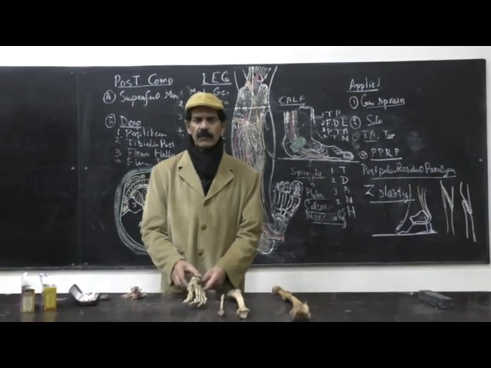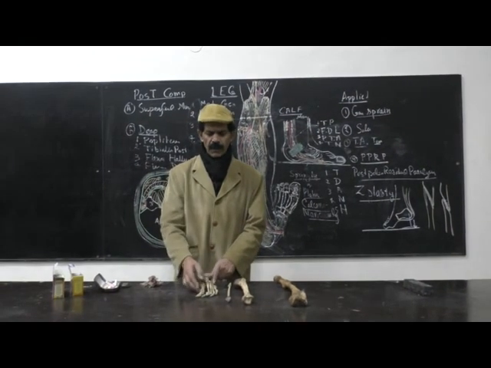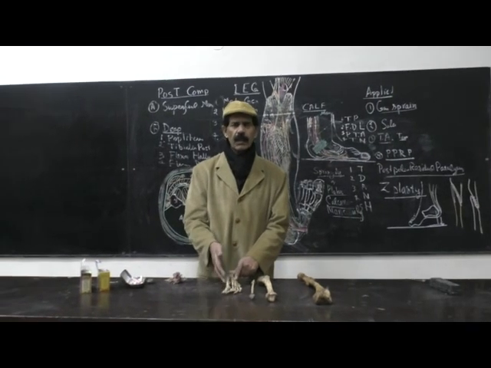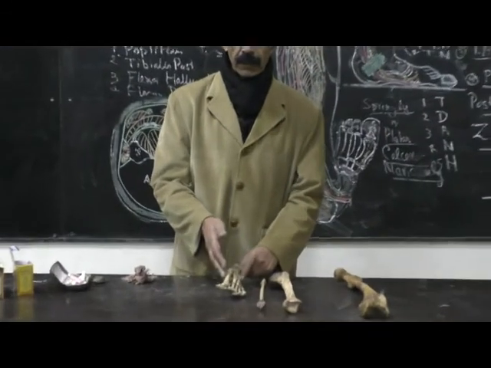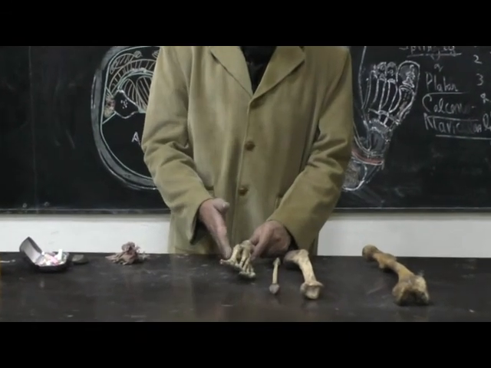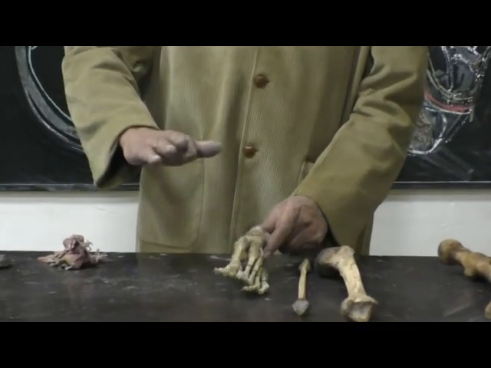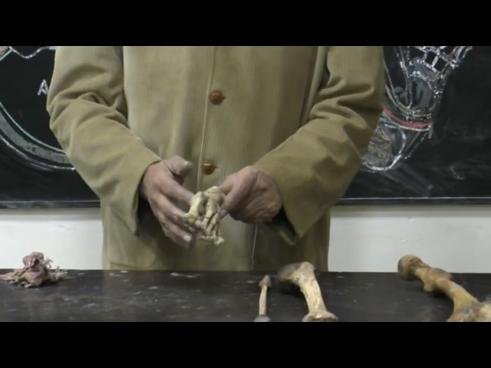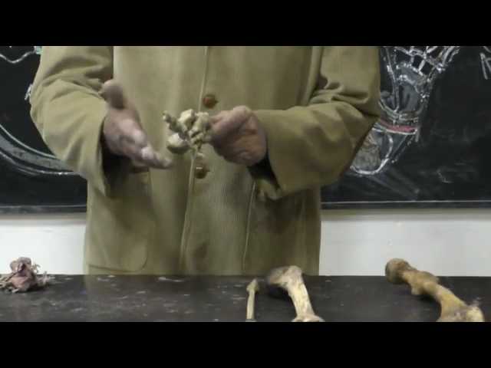Inversion of the foot is a movement in which, number one, the medial border of the foot is raised above the ground, and number two, the sole of the foot faces medially or inward. Whenever the foot is medially rotated on the subtalar joint, this movement of the foot is called the inversion movement.